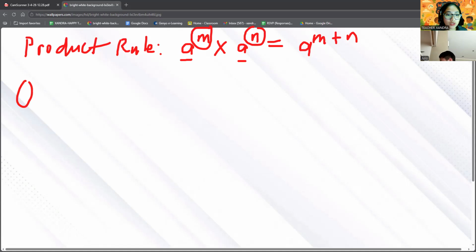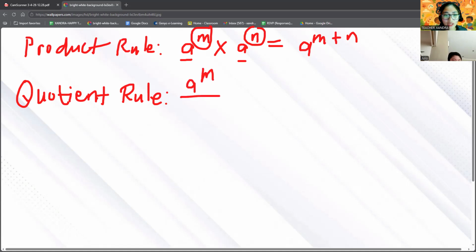Okay. Quotient rule, A raised to M divided by A raised to N. You just have to subtract the exponents. A raised to M minus N. Okay? When dividing with the same base, you just have to subtract the exponents.